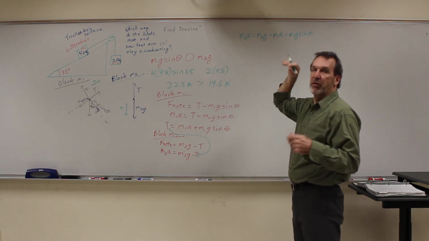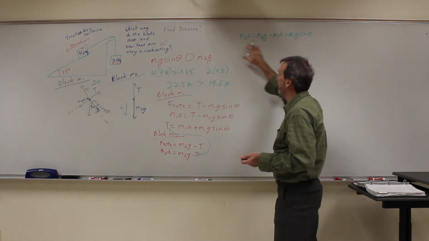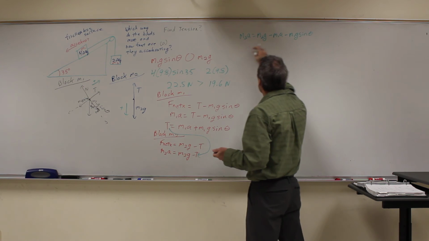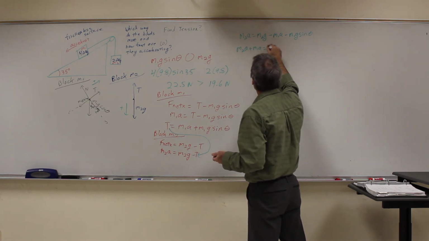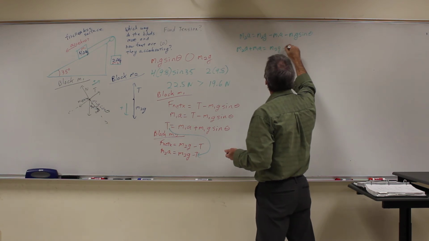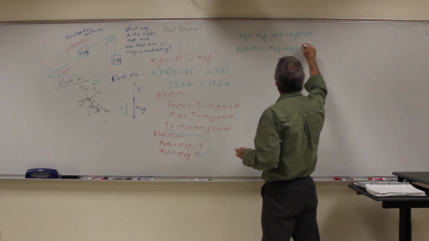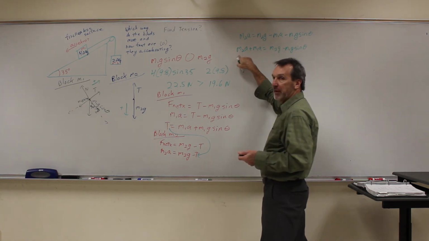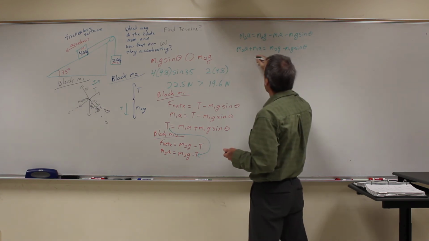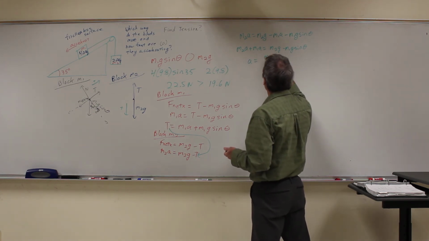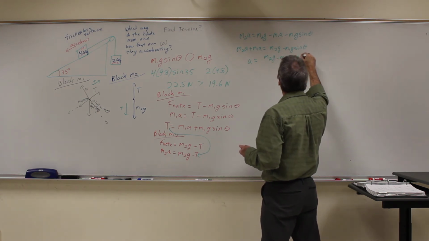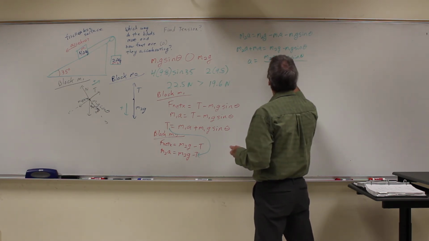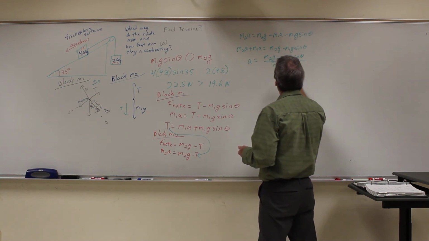Now, we want to solve for the acceleration. We've got to get the two accelerations on the same side, so I'm going to add that. I'm going to have M2a plus M1a equal to M2g minus M1g sine theta. Pull out the a, and then divide by that. We end up with a equal to M2g minus M1g sine theta, all over M1 plus M2.